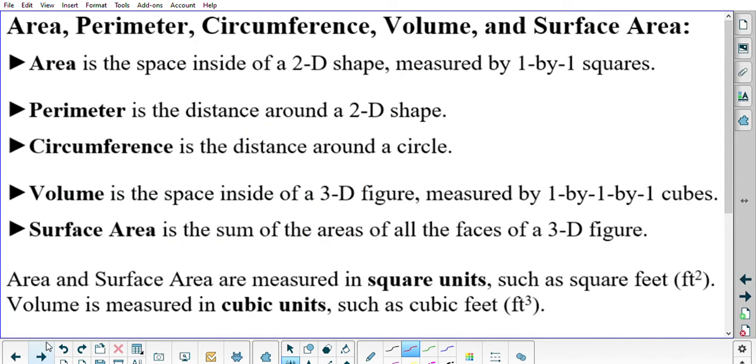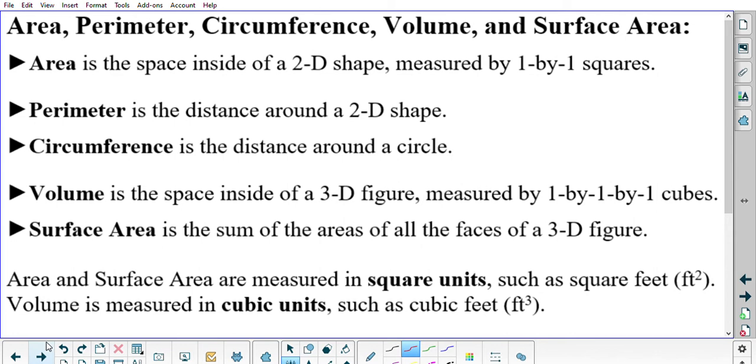All right, at the bottom of the PSSA Big Ideas page, I have a review on the big ideas of area, perimeter, circumference, volume, and surface area. So, area is the space inside of a two-dimensional shape. Now, it is specifically measured by 1x1 squares. Perimeter is not the inside of a shape.